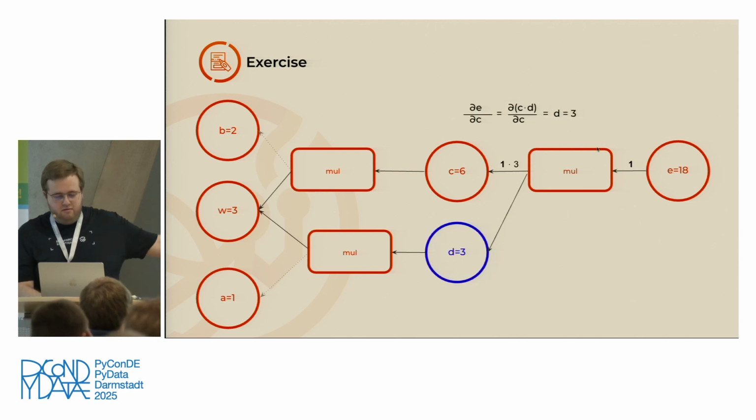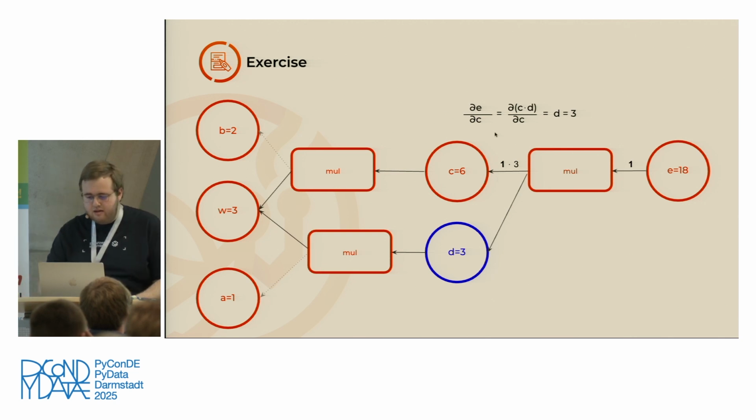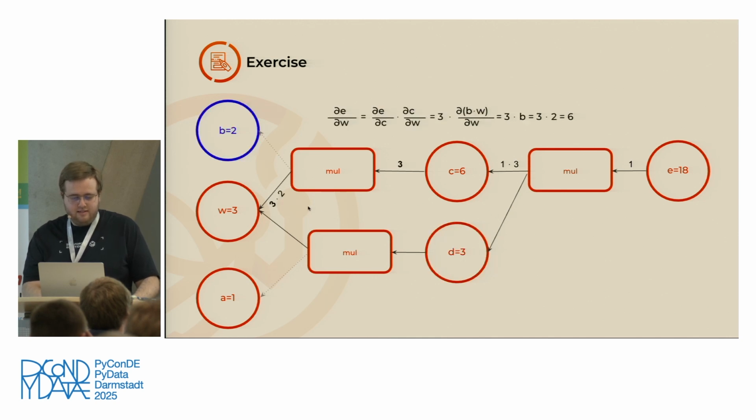We will go independently in each branch. So dE by dC is 3. In this case, dE by dW, but only in this upper branch, is 3 multiplied by 2, which is 6.